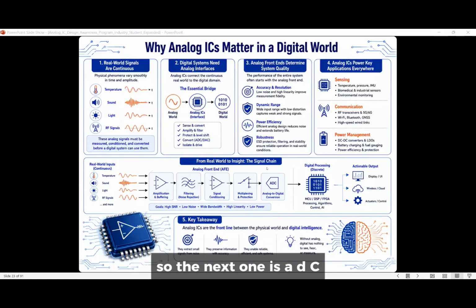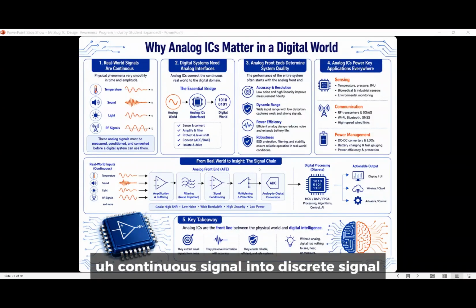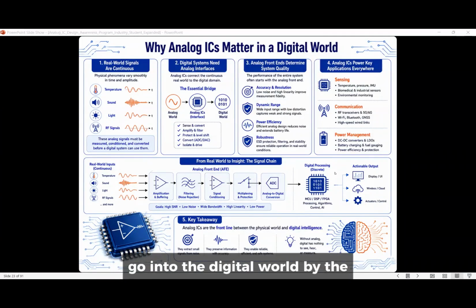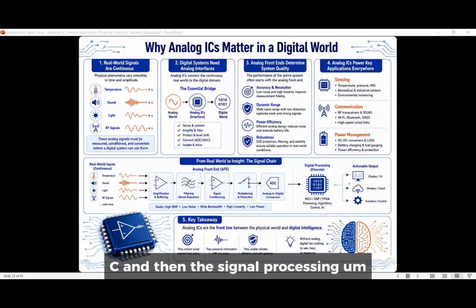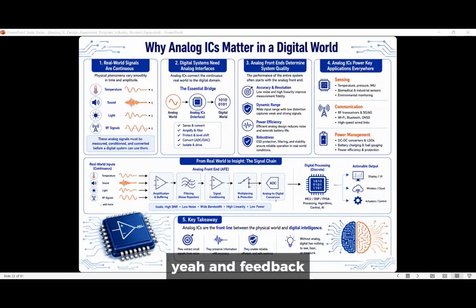The next one is the ADC, to transform your input linear continuous signal into a discrete signal, which means the signal will go into the digital world through this ADC. Then the signal processing block will analyze the signal and feed back.